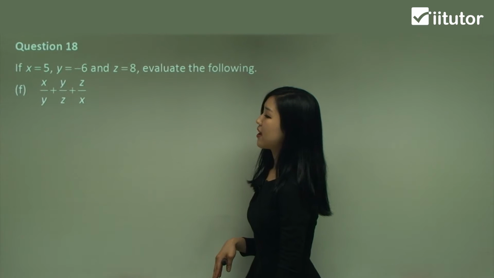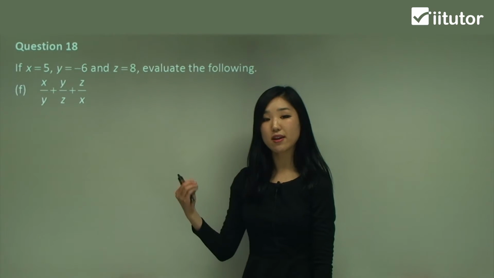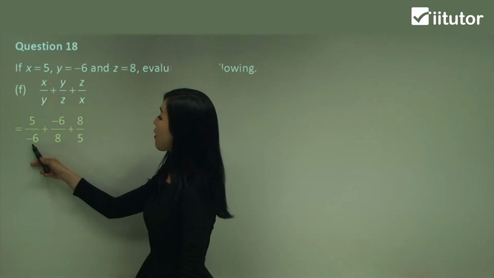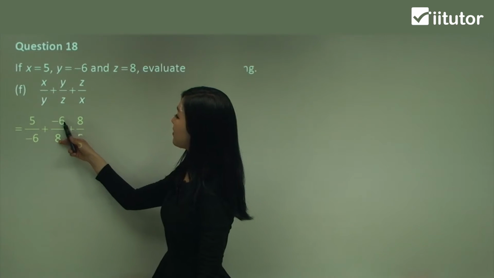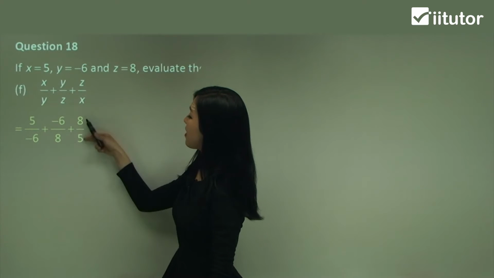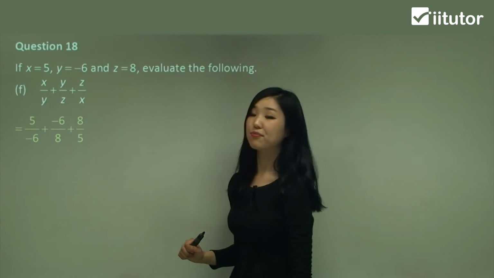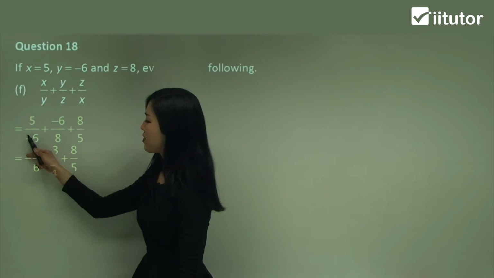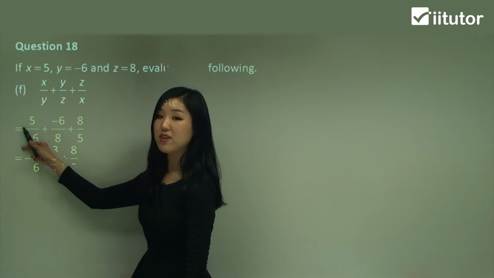Now F, okay, again, put the right numbers in the right place and go step by step. So x is 5, y is -6, z is 8, x 5. Okay? And you can see that the negative, I just put that negative out the front. Doesn't really matter where the negative is.